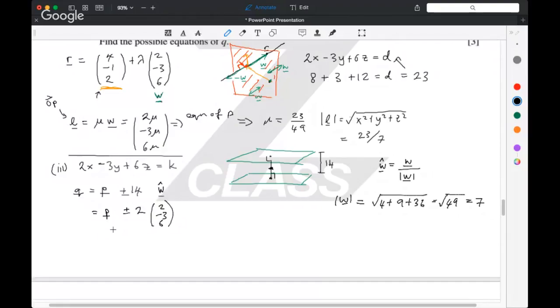And, well, I'm just going to look for one specific point on Q. For that, I'm just going to use the specific point on P that I know.